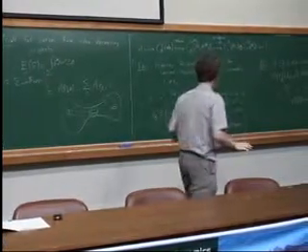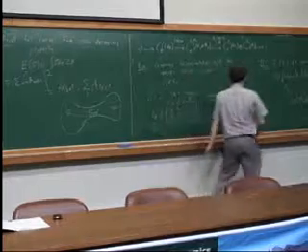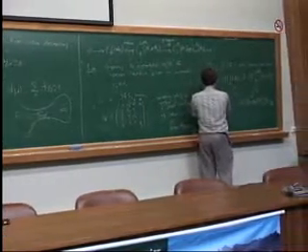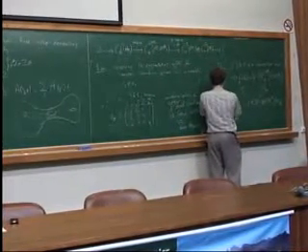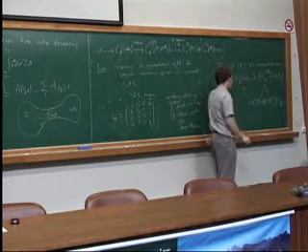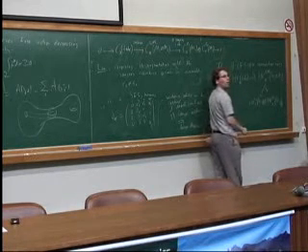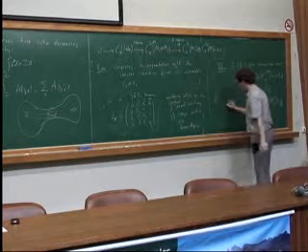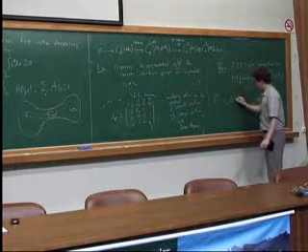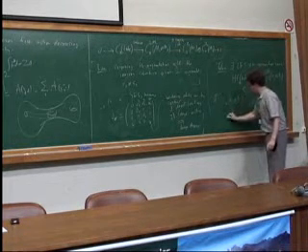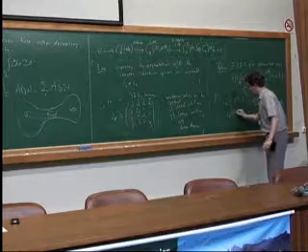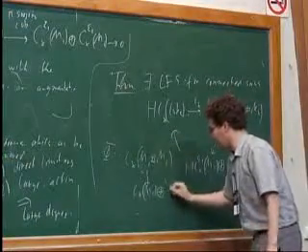So what you do is, the surgery cobordism induces a map on chain level from the connected sum to the direct sum of these things.